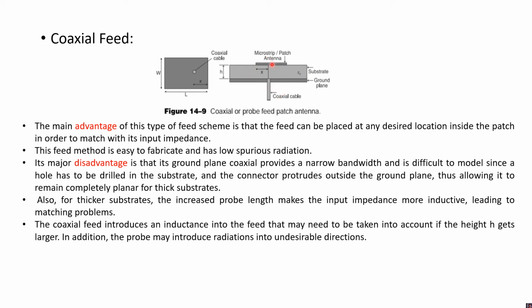So coaxial feed will introduce an inductance into the feed. This needs to be taken into account if the height h is larger. And this probe also may introduce radiations in undesirable directions. So these are the disadvantages of this method.